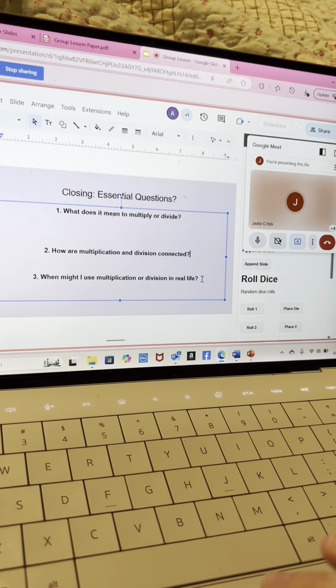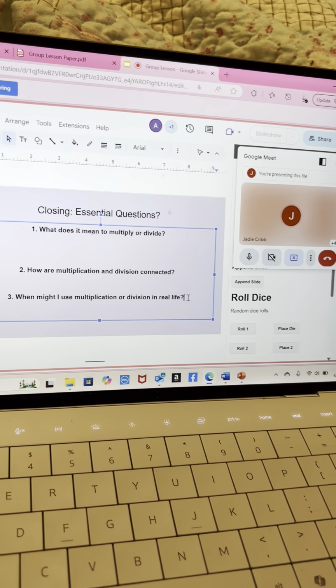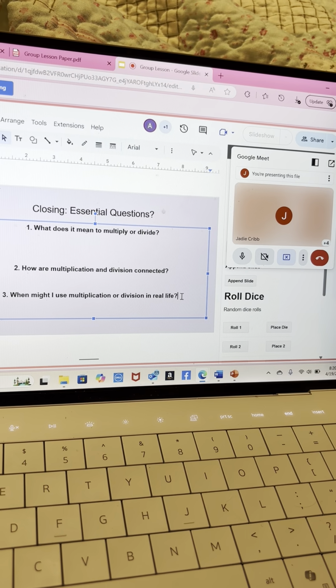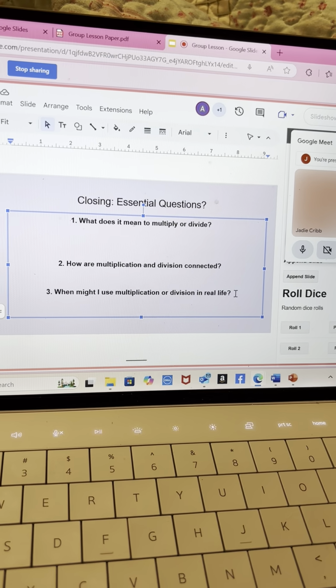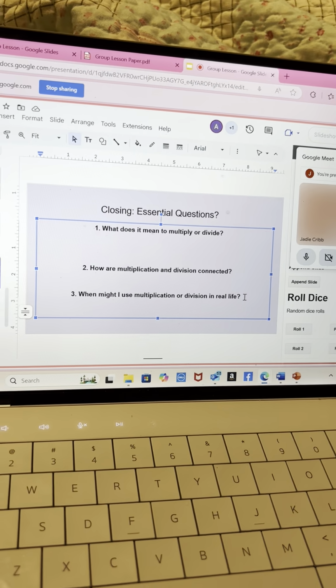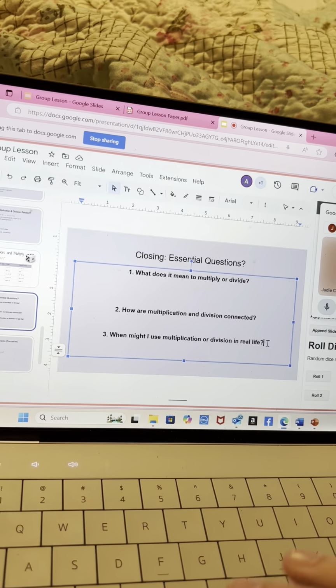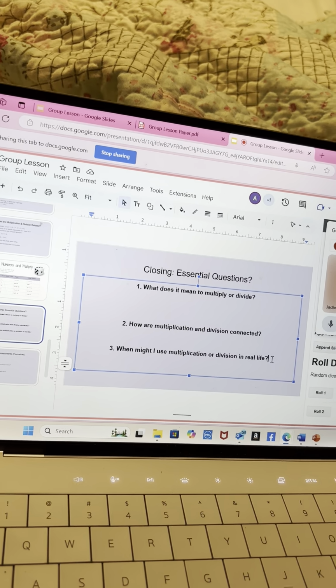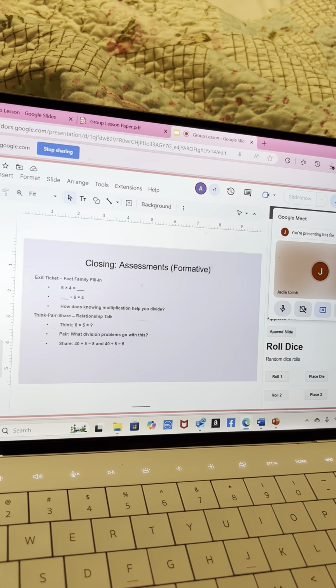What about in your job setting? If you have a job where maybe you're a scientist and you have to create formulas, would you use multiplication and division then? Yes. So multiplication and division is very important for us to learn.